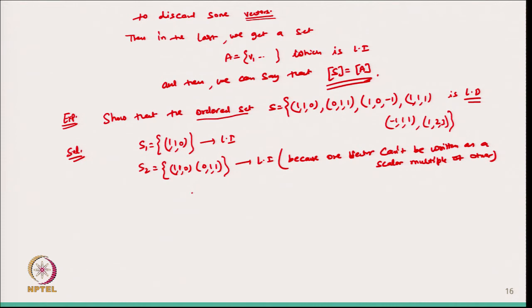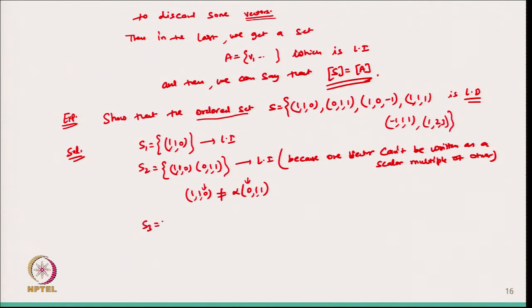Like (1, 1, 0) cannot be written as alpha times (0, 1, 1), because here the 0 element is in the third position and there 0 is coming in the first position. So that is not possible. So these are linearly independent.